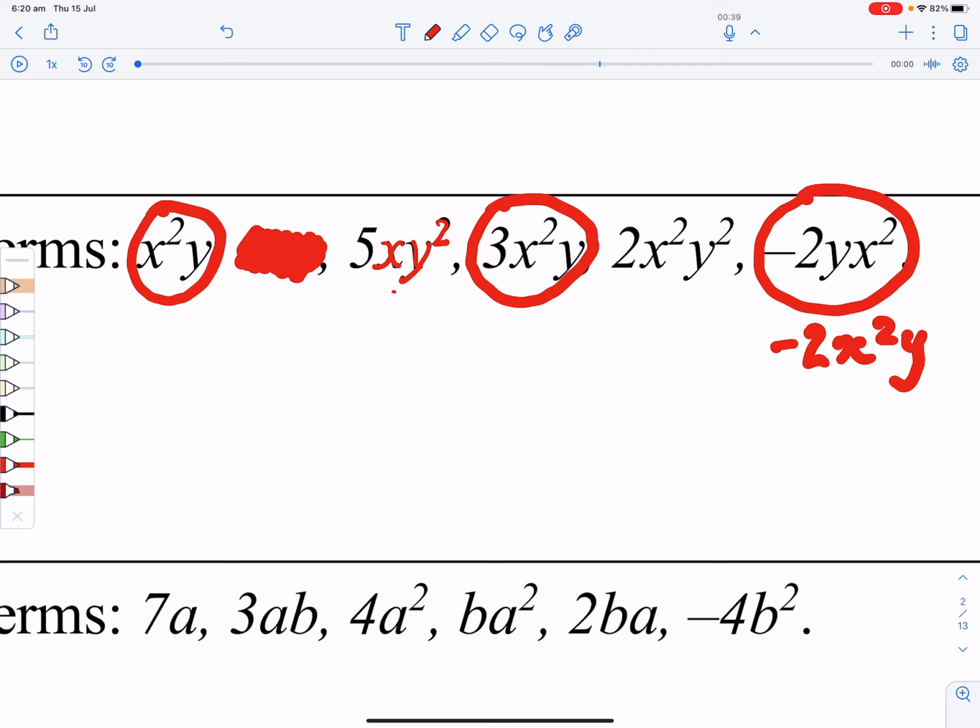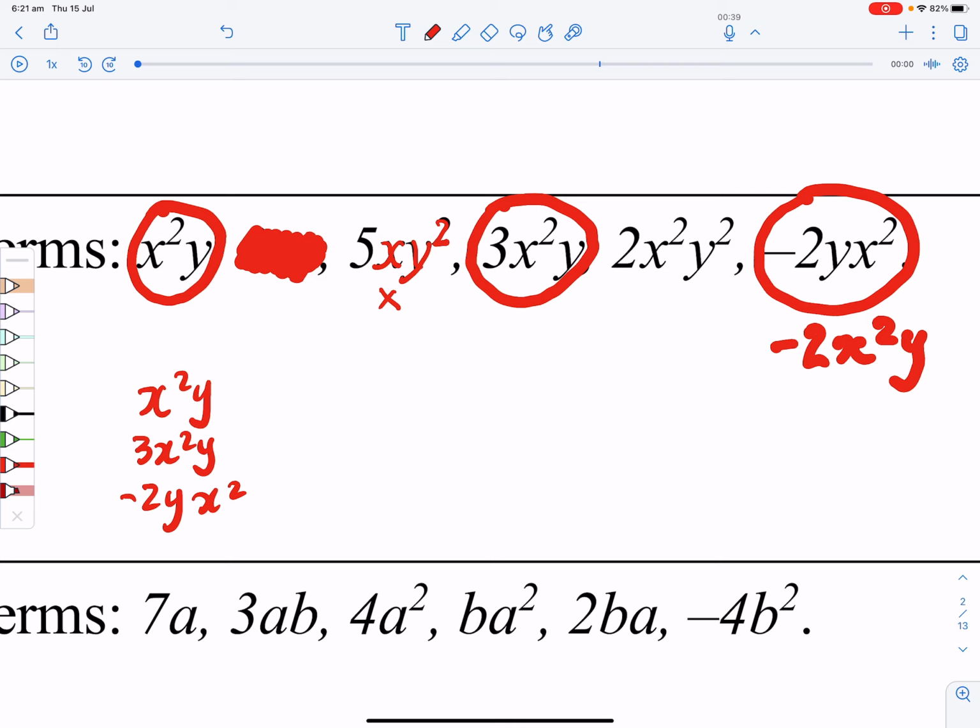So this is not the same as the ones I have circled, because the ones that we have circled, the squared is on the x. So that's very important. Okay, so the answer here is x squared y, 3x squared y, and minus 2yx squared. They are the 3 like terms.